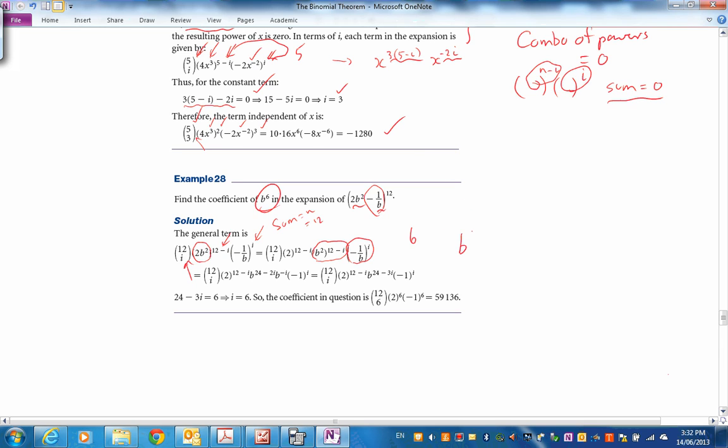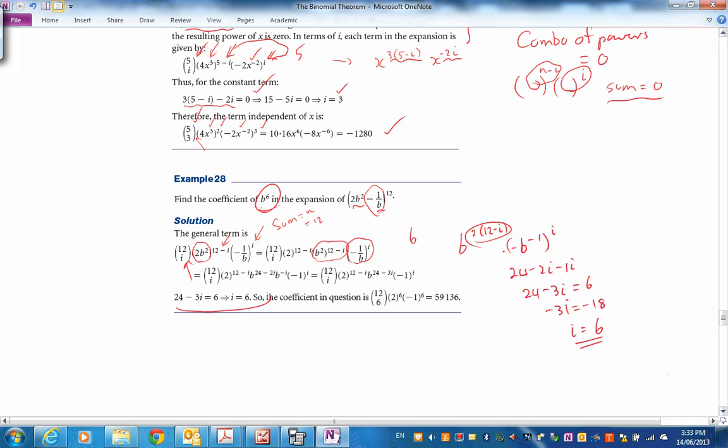This is b to the 2 by 12 take i, and this is negative b to the negative 1 to the i. So let's combine the powers. This is 24 take 2i, and this one is take 1i, that's 24 take 3i, and that has to equal 6. So negative 3i equals negative 18. i has to equal 6.